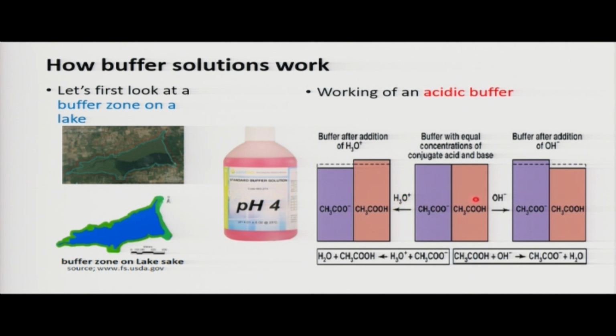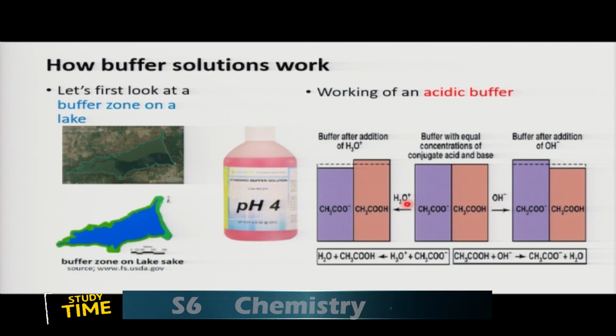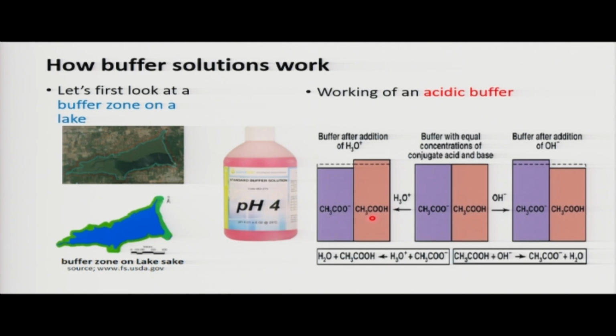The OH will react with unionized acid molecules, so the OH, which would make the solution basic, is removed. If you add a hydrogen ion, it will react with the ethanoate ions, forming unionized acid molecules. In that case, the effect of the acid or hydronium added will be neutralized. That is how the buffer works.